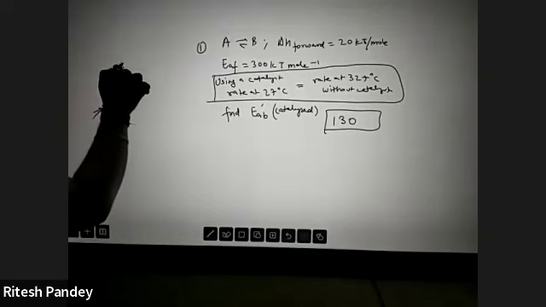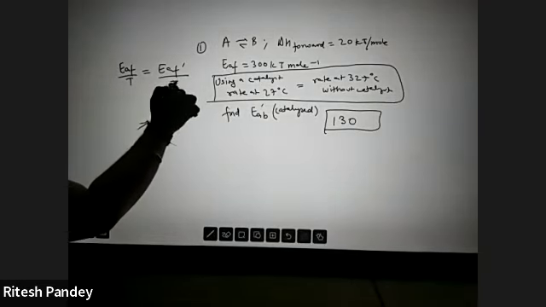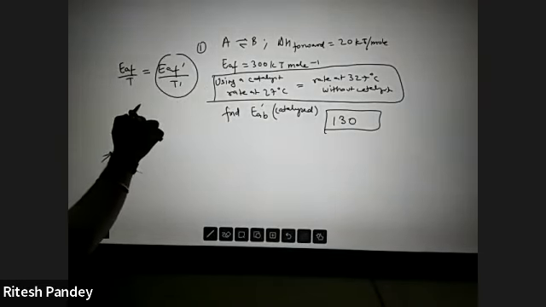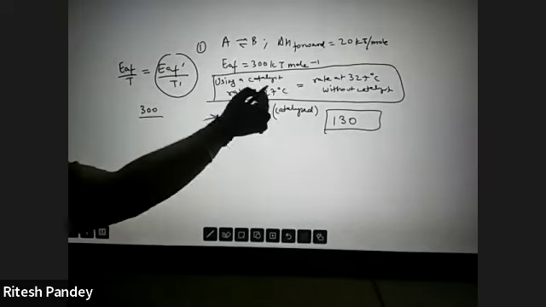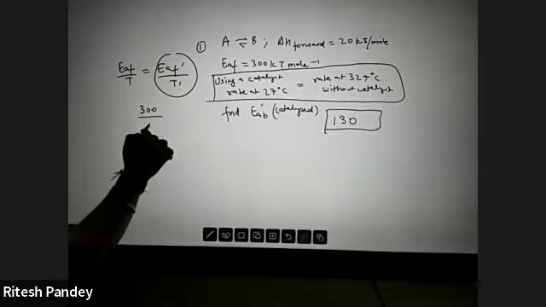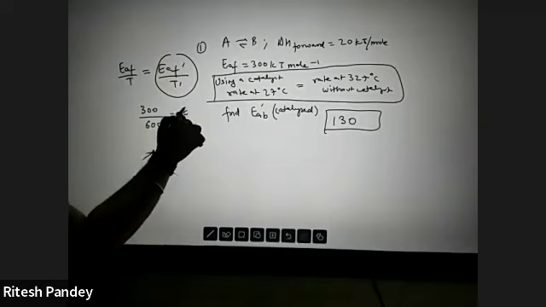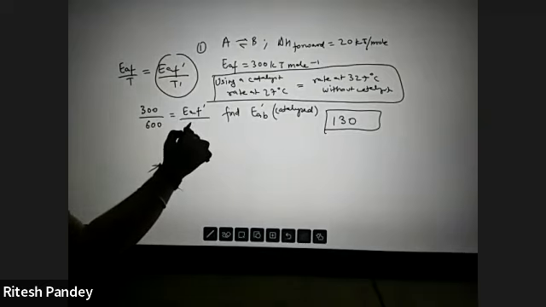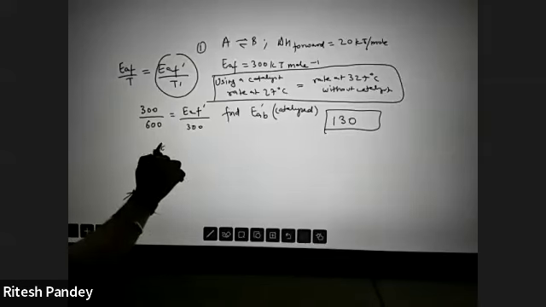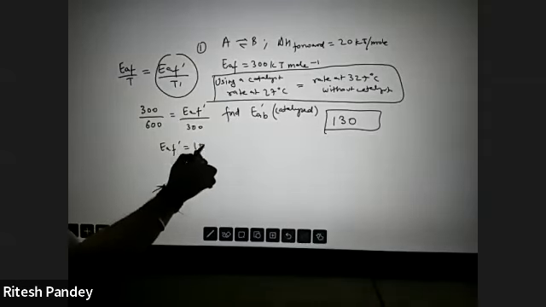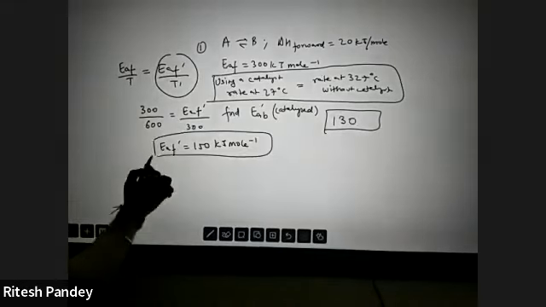Allow me to write EAF by T is equal to EAF prime by T prime. तो चलो हाँ ना बोलते रहो. हाँ सर. ये कैटलिस्ट के बिना जो था 300 था, 600 केल्विन, और ये है EAF प्राइम अपॉन 300 केल्विन, 27 पे हो जा रहा है ना, तो EAF प्राइम 150 आएगा. देखो यार है. हाँ सर. समझ में.